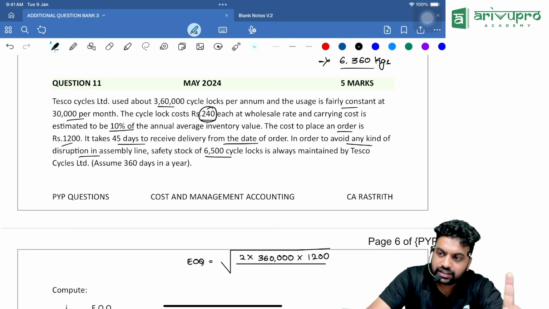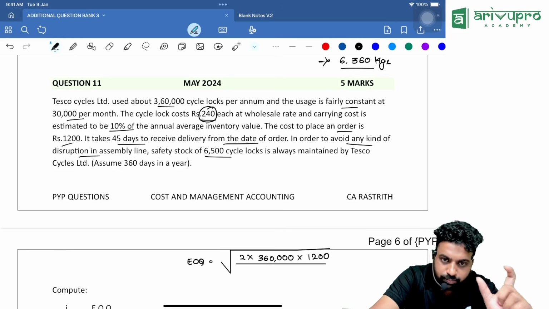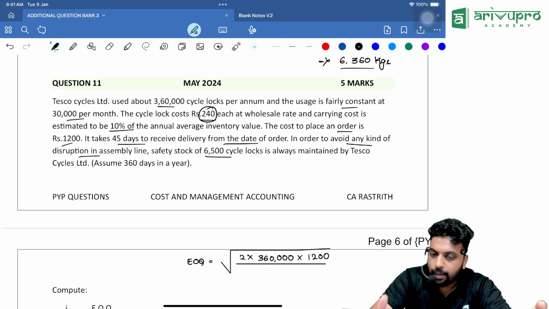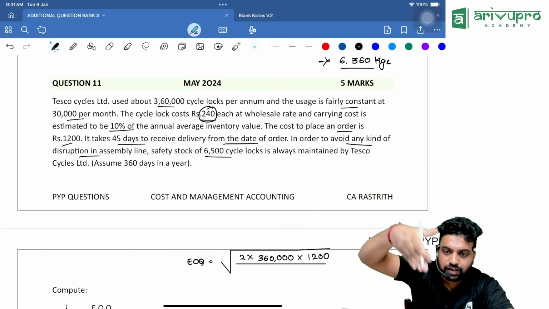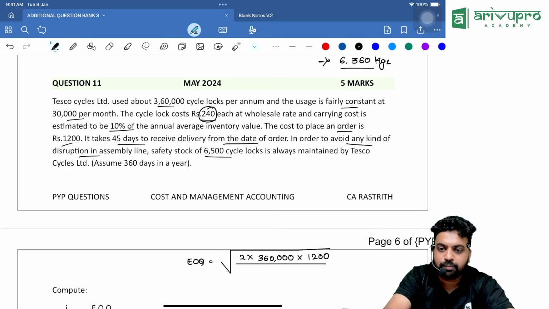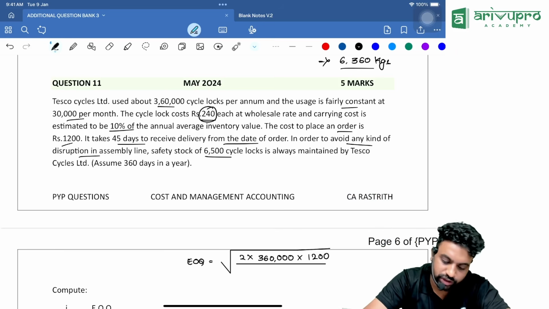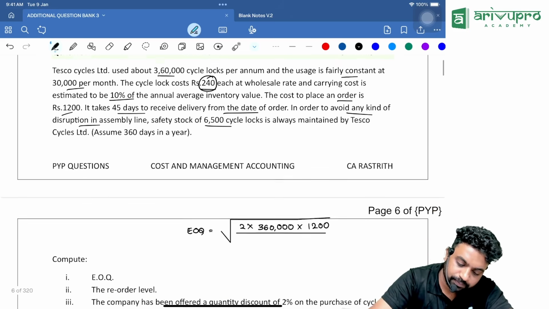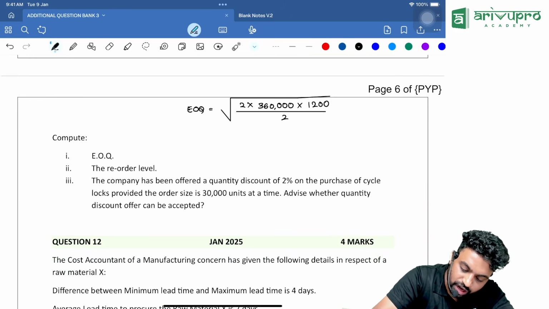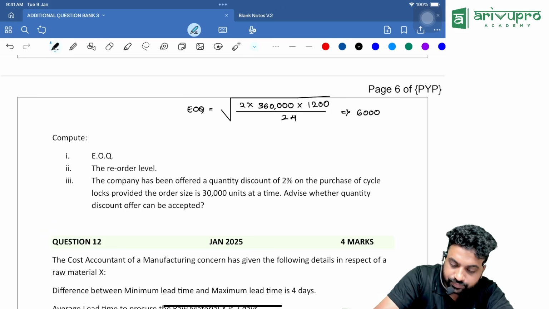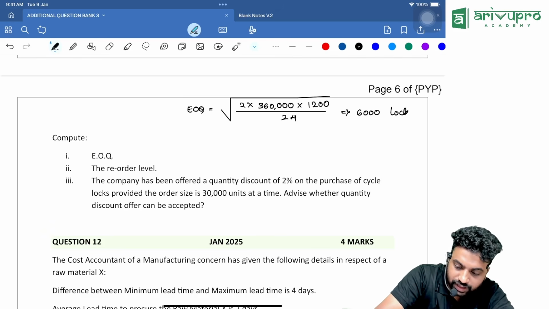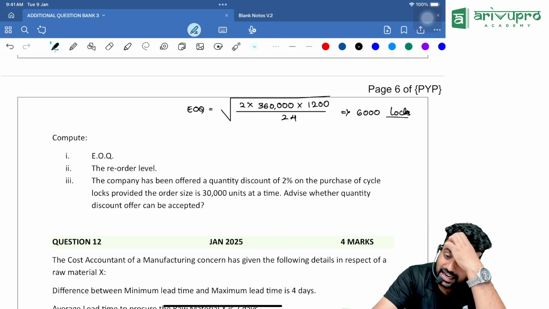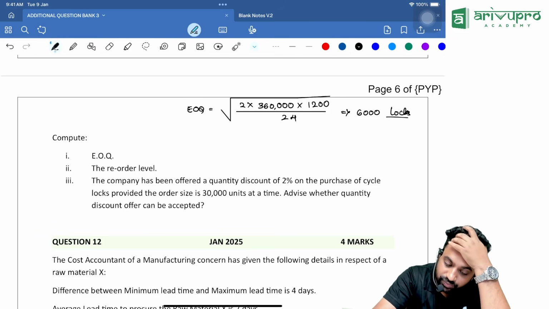They have given a per annum rate. If you apply it to everything together, that will be of everything; a per unit rate relates to per unit. So that is 10% of 240, which is 24. How much is your EOQ? 6,000 locks. Correct?